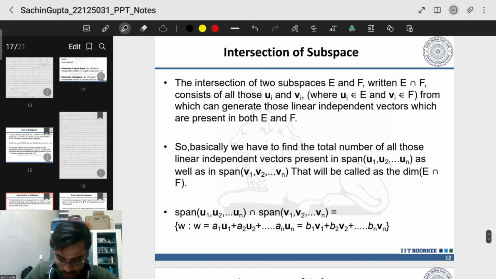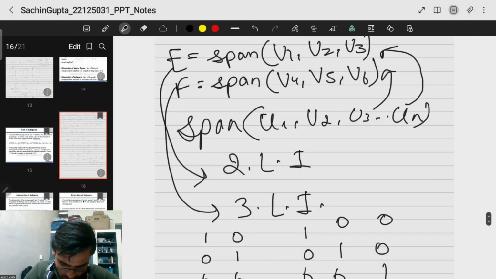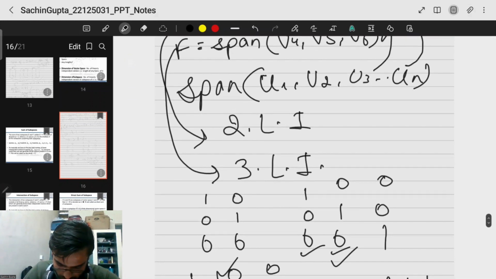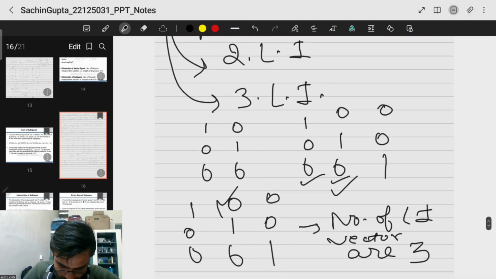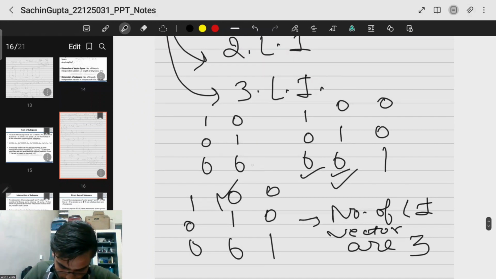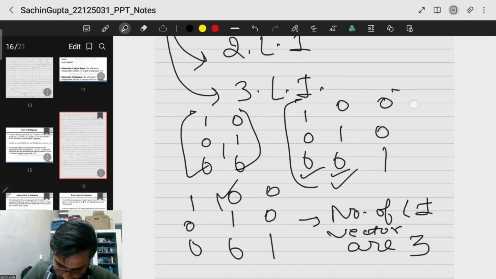Now the intersection of subspaces. In this, basically we have to find the total number of linearly independent vectors present in the span of u1 u2 up to un as well as in the span of v1 v2 up to vn. Taking the same example as previous, in E these vectors are present, and in F these vectors are present.